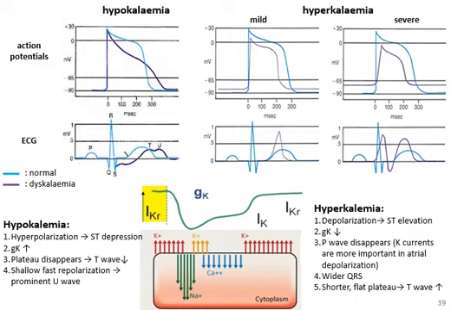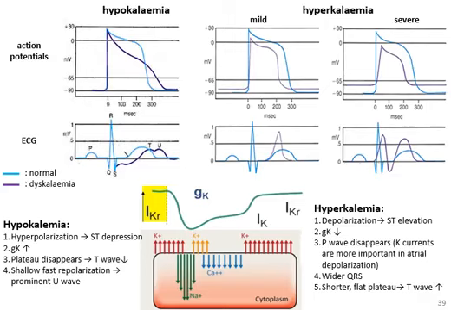In this figure, you can see a schematic representation of the changes evoked by hypokalemia and hyperkalemia on the cardiac tissues. You can see that in hypokalemia, due to the fact that the extracellular potassium concentration is lower, the plateau phase of the action potential will dramatically change.